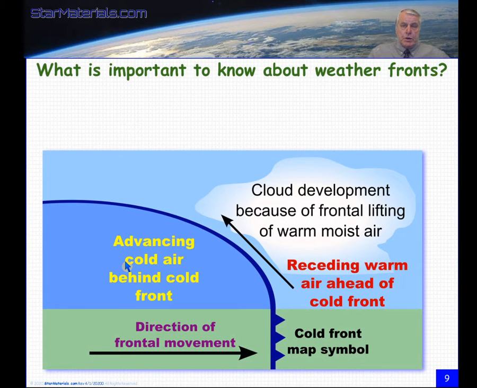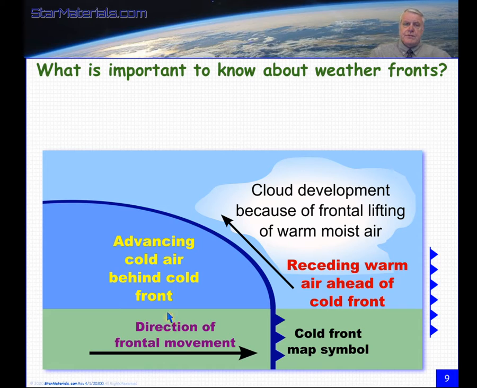Now let's look at a cold front moving through. And you can see on a map, direction of the movement is with these arrows, cold front map symbol. So it's going in this direction. The advancing cold air behind a cold front is pushing the warm, moist air up, and it's doing it faster.